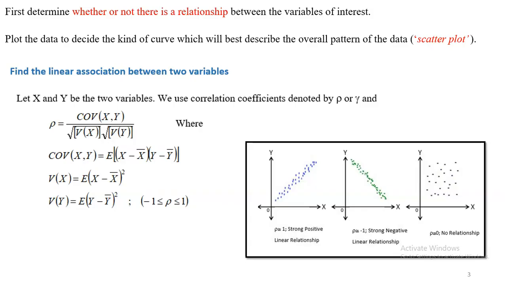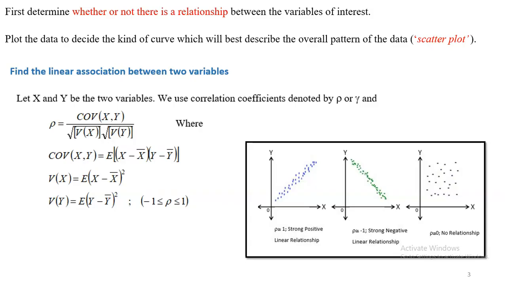If you move to the second figure, there also you can see the points are congested in a particular way, and in contrast to the first one, when x increases in the second figure, y actually decreases. That is also a relationship, right?